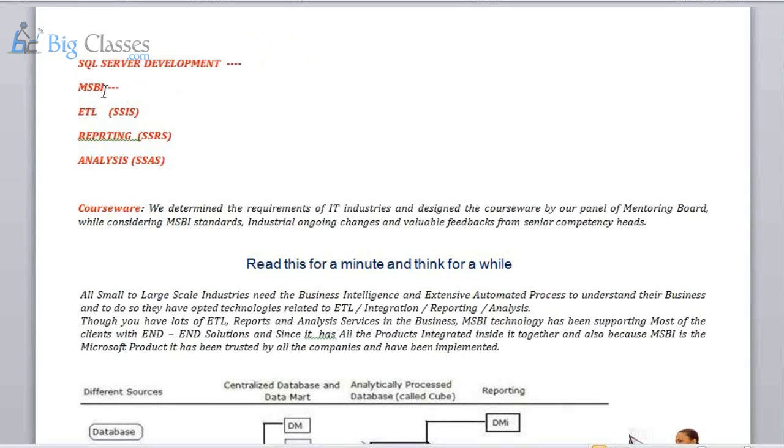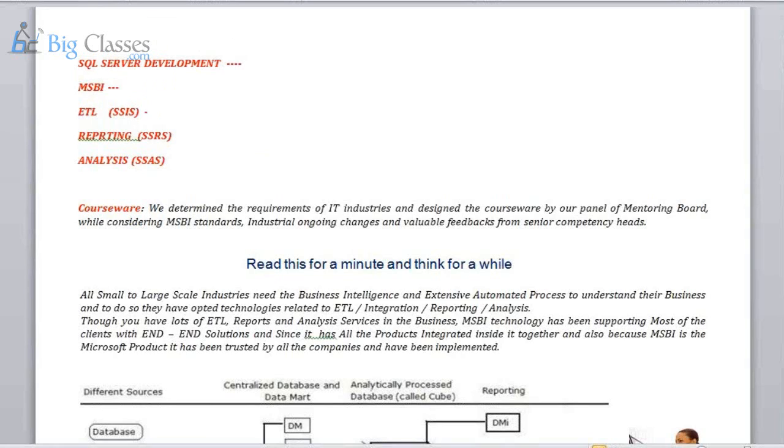The reason is that when a company buys a SQL Server full stack license, they also get the MSBI features additionally. So it is basically coming from SQL Server itself. Right guys, so that's another advantage of why companies have Microsoft Business Intelligence highly implemented: its low cost.